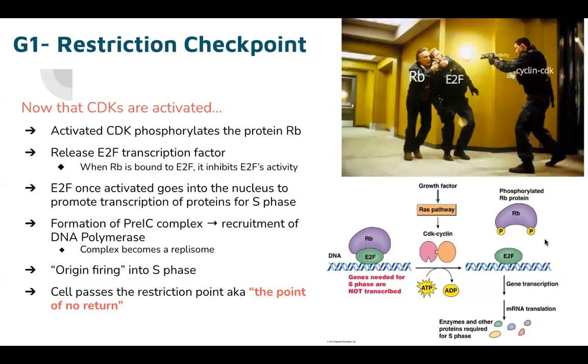And so this whole process right here, well, okay, first I should probably introduce this right here. A good way to remember what is going on here, right? Because active CDK cyclin is activating E2F, but it's not doing it directly. A good way to think about it is like RB is holding E2F hostage.